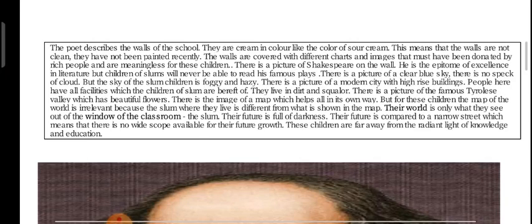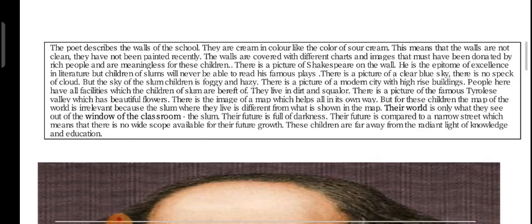There is no speck of cloud, but the sky of the slum children is foggy and hazy. There is a picture of a modern city with high-rise buildings. People here have all facilities which the children of the slum are bereft of.